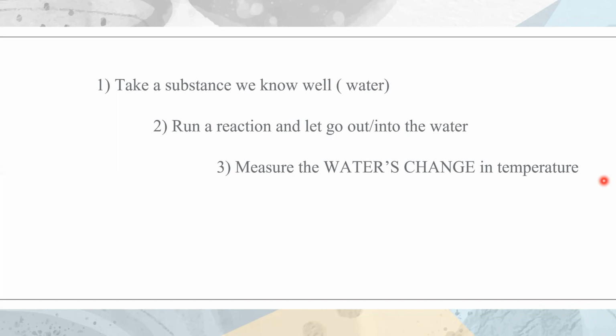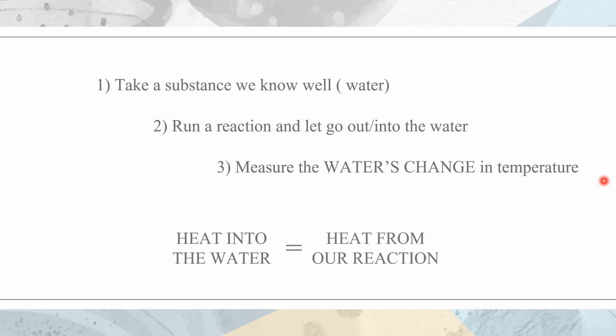Because just as we were saying in the beginning, we measured the water and the temperature in the beginning, and then after our reaction, we can measure the final temperature, and we know how much it changed. And from this, we can conclude that the heat came from the reaction, and we also know how much heat comes out of the reaction as well. So that basically means that the heat that got into the water is equal to the heat that came from our reaction. Those two things are basically the same.